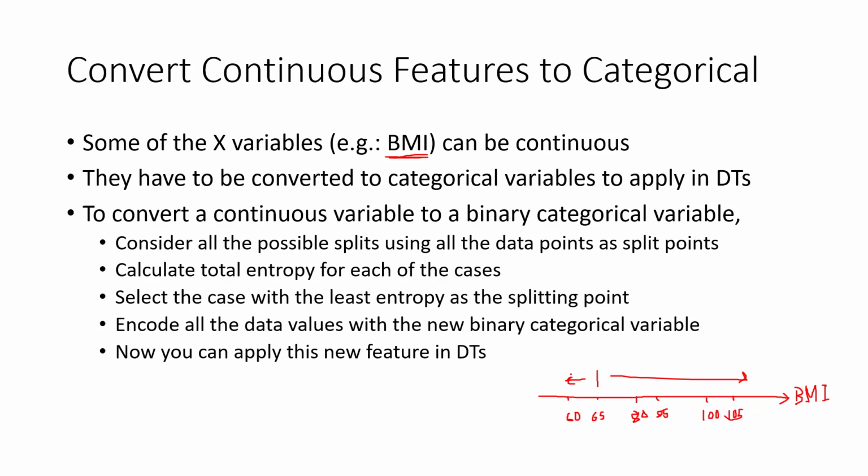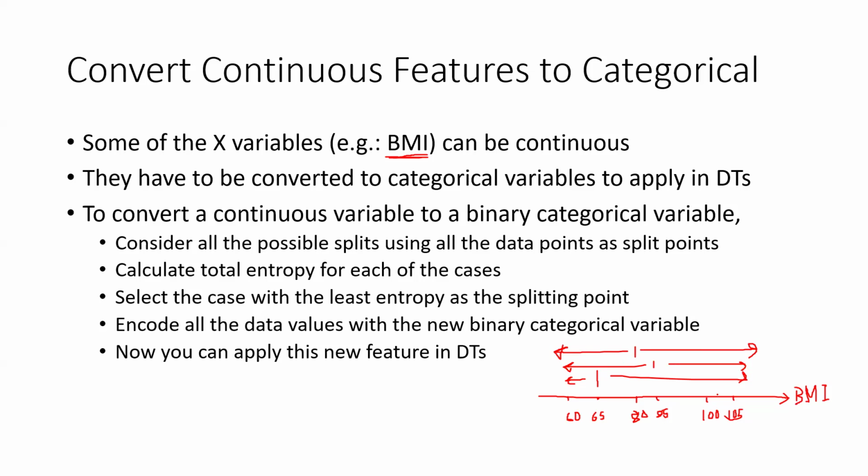So you can calculate for each of the data points, by taking each of the data points as the pivot point, the point where you are making this categorical variable. You can see, for example, you can take 80 and we can find these values as one class and these values as another class, right? You can use 85 also, and you can use these values 80 and 65 and 60 as one class, and 100 and 105 as another class, right?